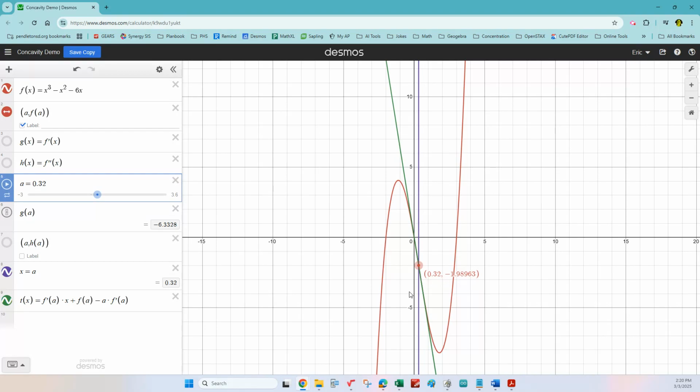The relative maximum, if what? If the derivative is changing sign from positive to negative or negative to positive. So a relative maximum would be the derivative is changing from positive to negative, right? I'm going from an increasing to a decreasing function. That's our first derivative test. A valley would be a place where the derivative is changing from negative to positive, right?